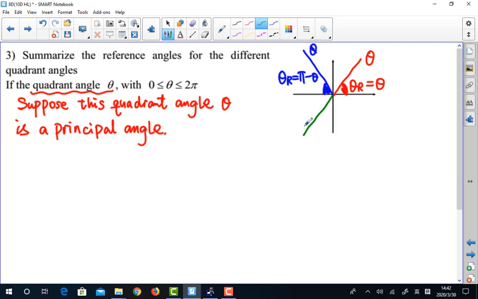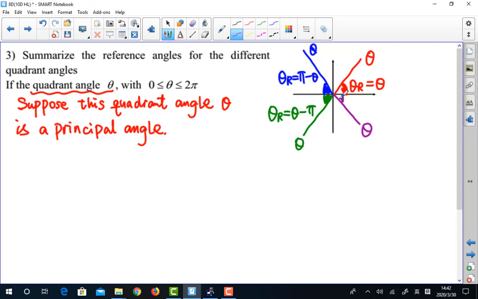If this quadrant angle theta terminates in the third quadrant, where is its reference angle? The reference angle is this acute angle formed by the x-axis and the terminal arm. So this reference angle equals theta minus pi, or theta minus 180 degrees in the degree measure. When this angle theta terminates in the fourth quadrant, where is its reference angle?